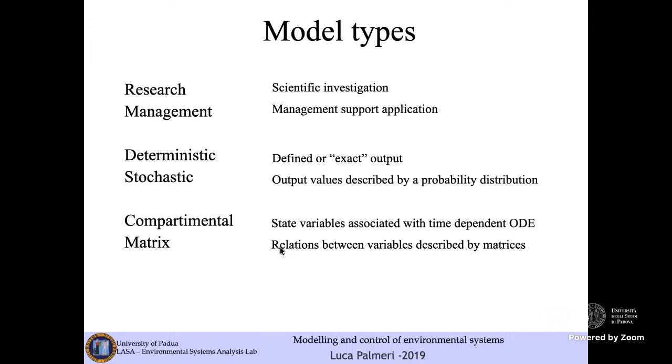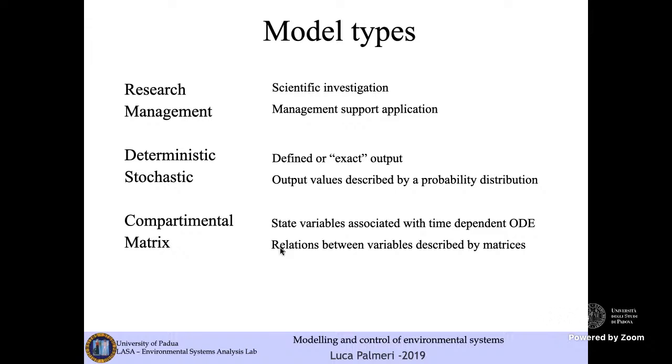Then there is another epistemological classification between deterministic and stochastic models. Deterministic models are those that present a defined or exact output. In a deterministic model, you may describe the evolution of a state variable as a continuous function that describes in an exact way the value of the various state variables.